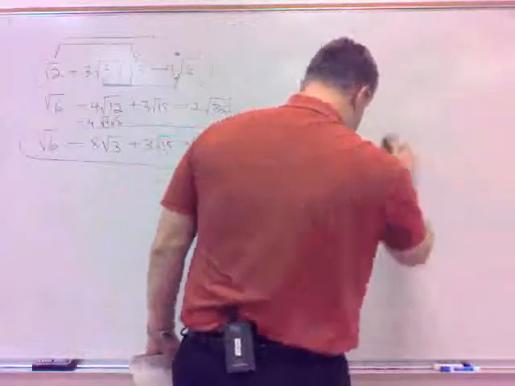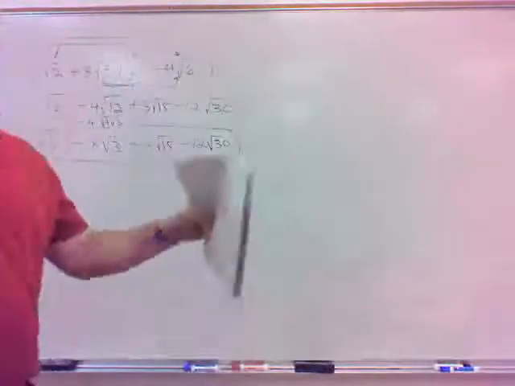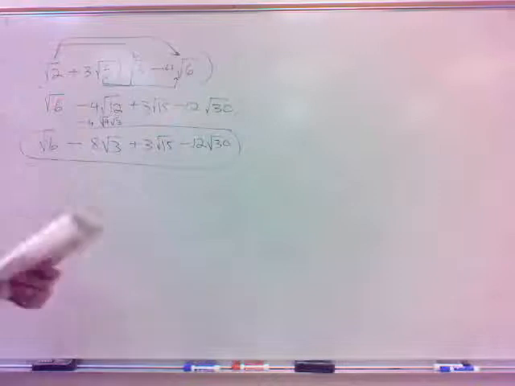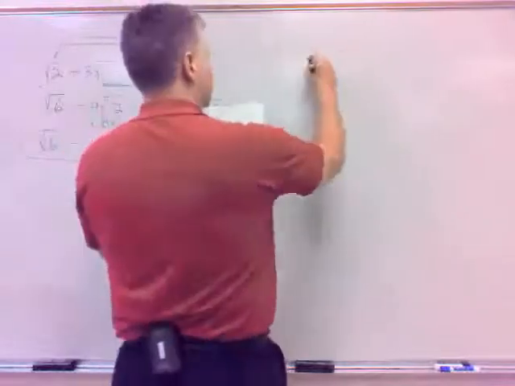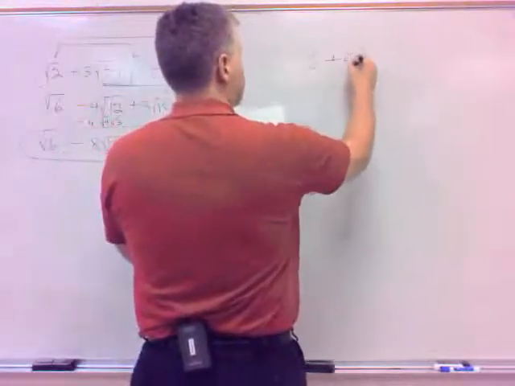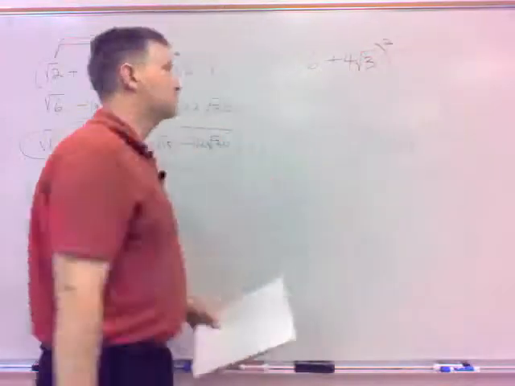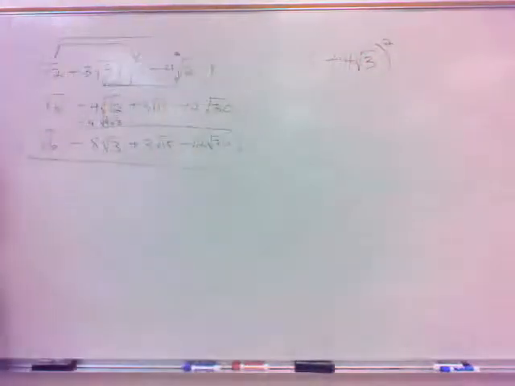Another thing we've encountered along the way is squaring. Something like this. What do you think the best route to take on that one would be? 6 plus 4 square root of 3. I want to square it.